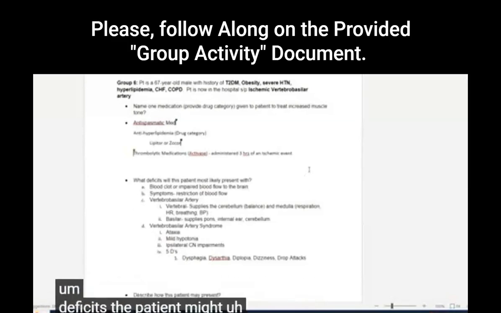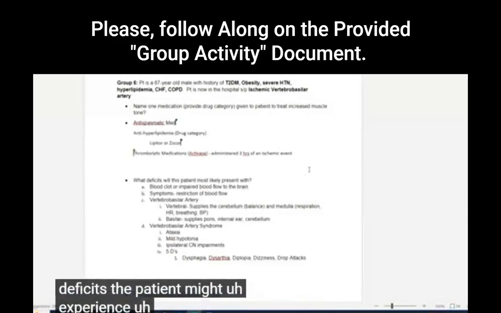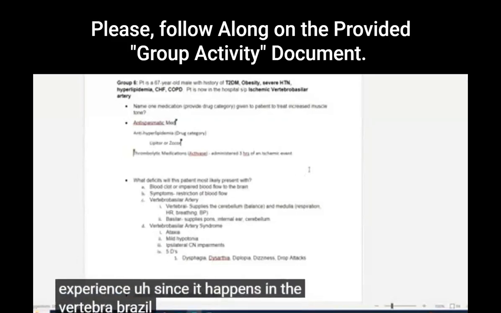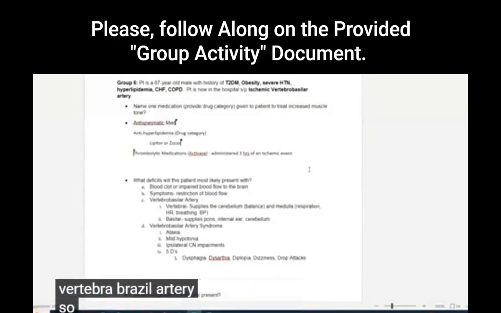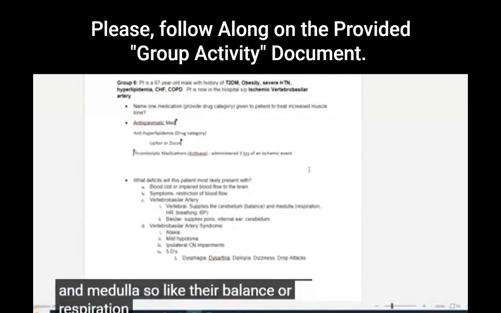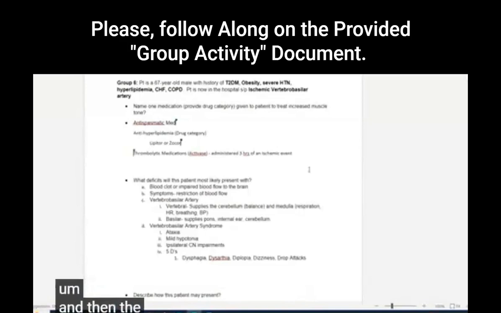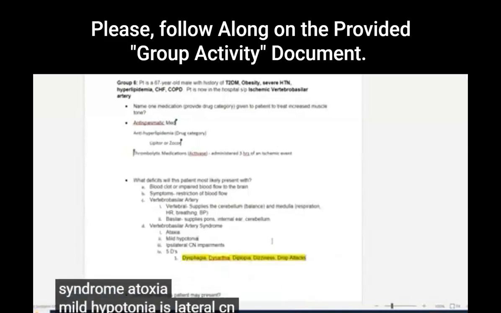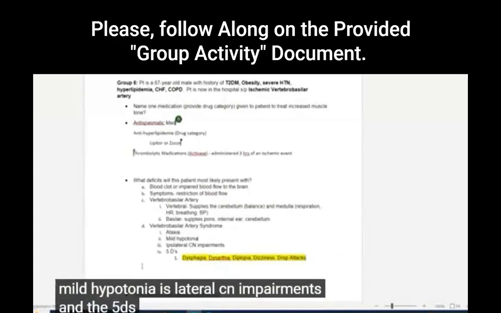The deficits the patient might experience happen in the vertebral basilar artery, so it would affect their cerebellum and medulla, like their balance or respiration. And then the vertebral basilar artery syndrome: ataxia, mild hypotonia, ipsilateral sensory impairments, and the 5Ds.